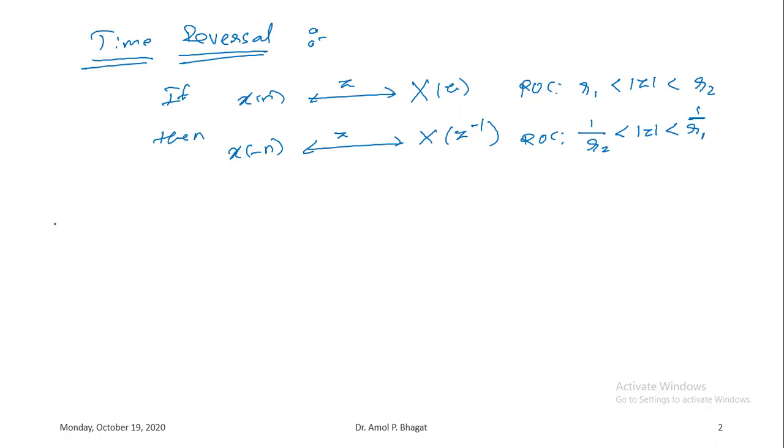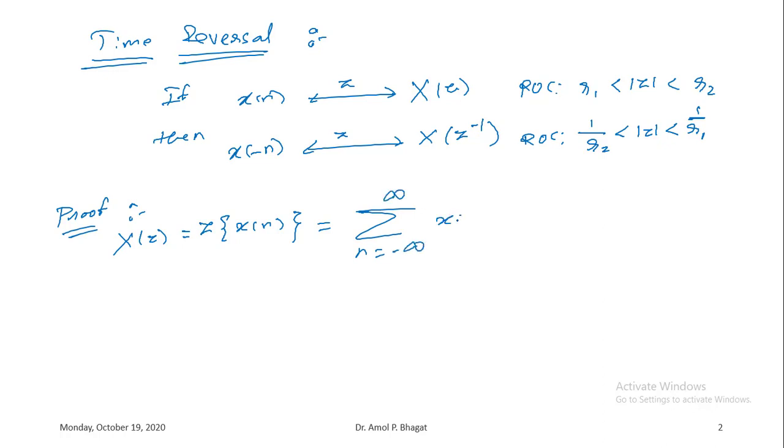So let's try to prove this property. Proof: we know that the Z transform of x of n, that is capital X of Z, is summation n equals minus infinity to infinity x of n into Z to the power minus n.